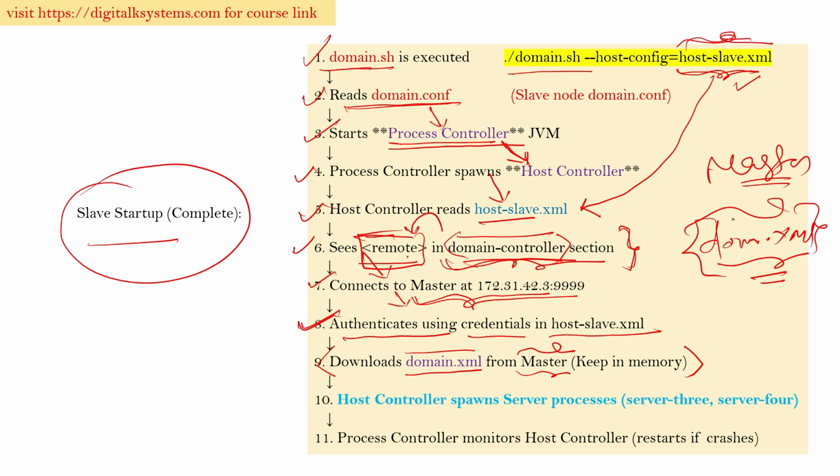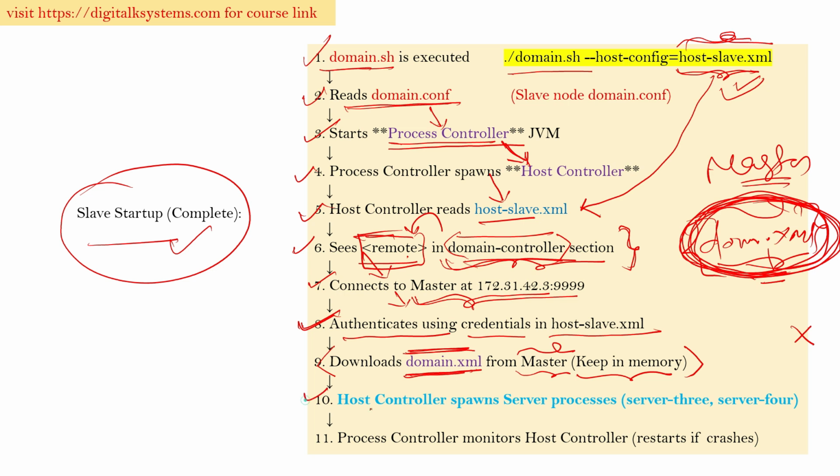You will see a domain.xml file in your slave node as well, but that will not be of any use, because for centralized control of the entire domain from a single location, there has to be only one main configuration file. That is the master node file. So it will download the domain.xml file from the master node and keep it in memory.